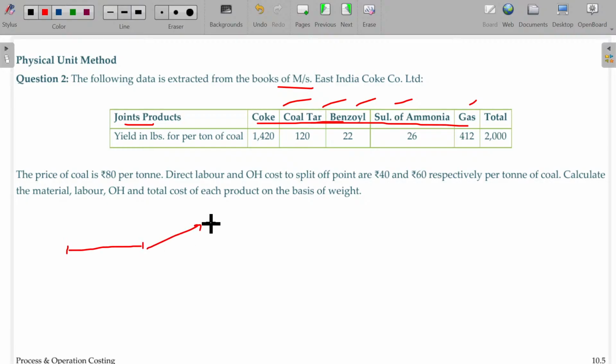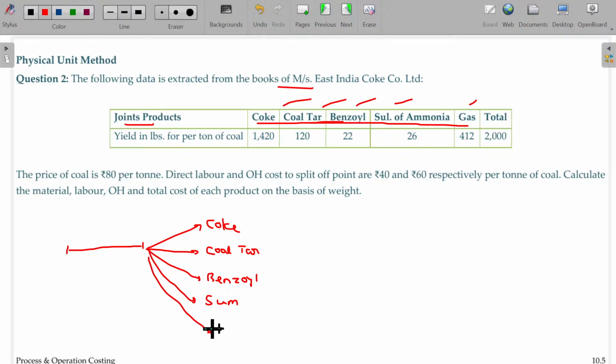At the split-off point, they produced coke, coal tar, benzoyl, and sulphate of ammonia gas.